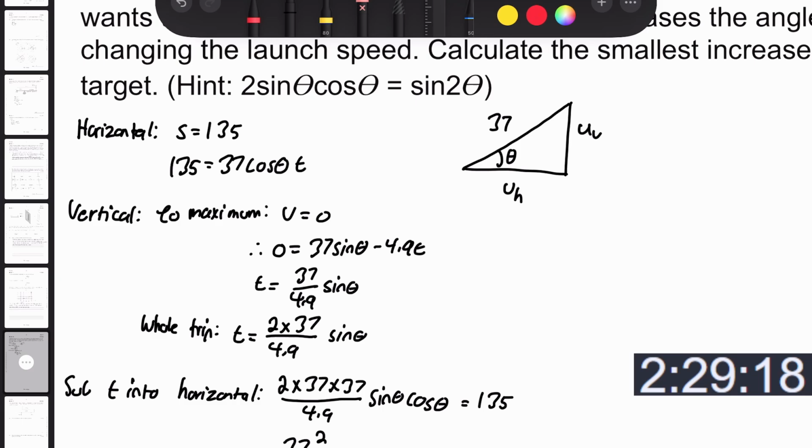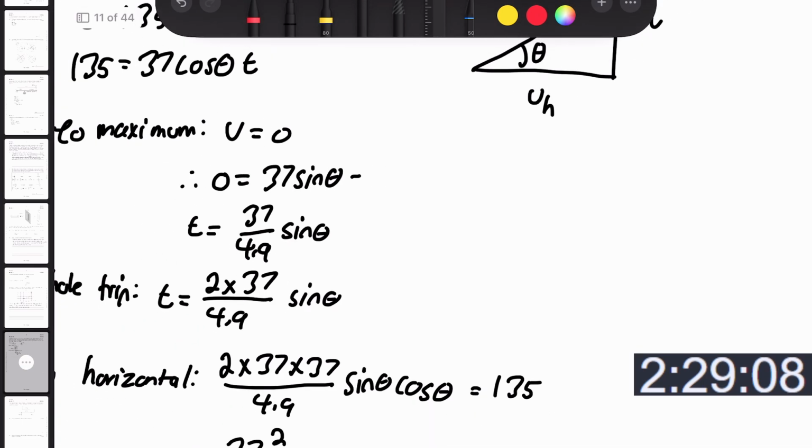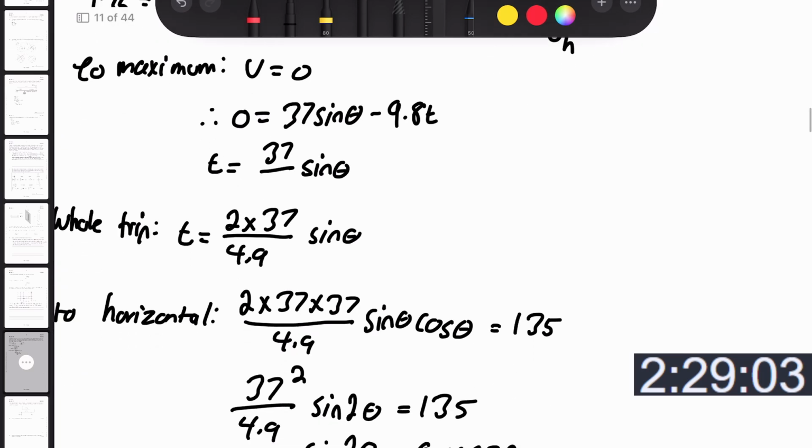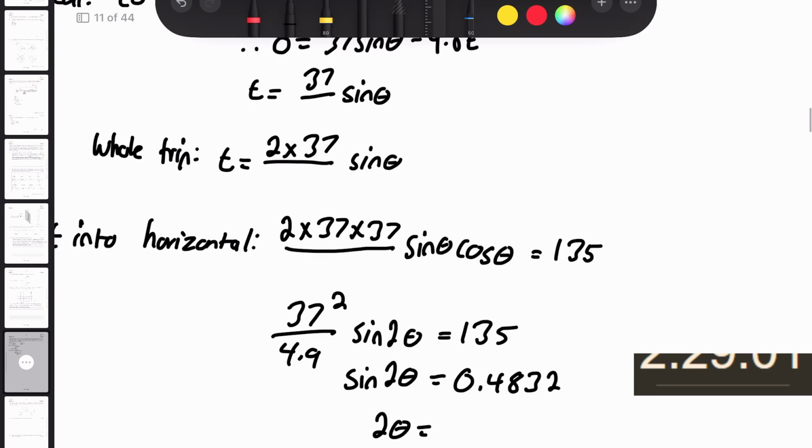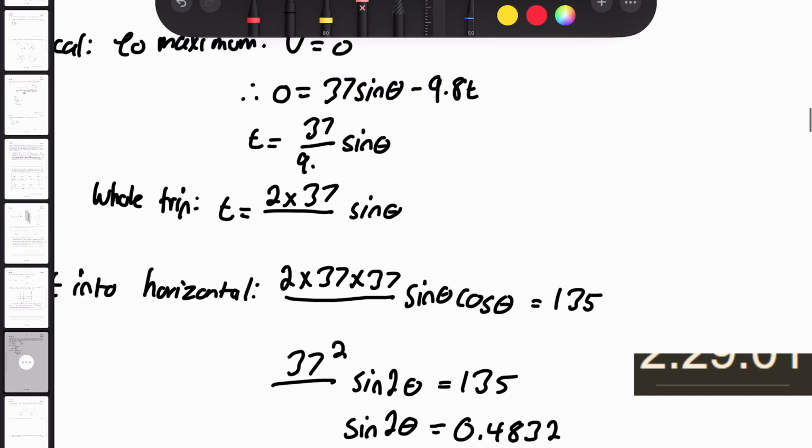And then at maximum, my velocity is 0. So I have 37 sine of theta minus, oh, not 4.9, that's just 9.8, minus 9.8 t. Because I was thinking of the half a t squared, so s equals, but that's wrong. So this should just be 9.8.